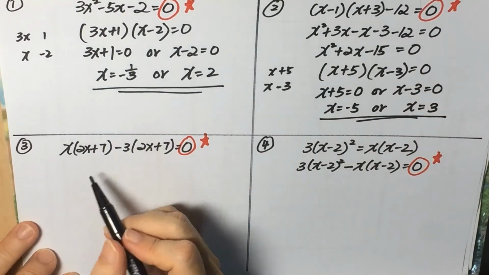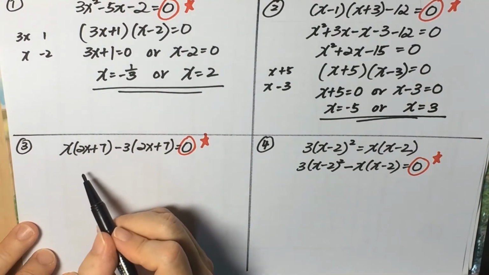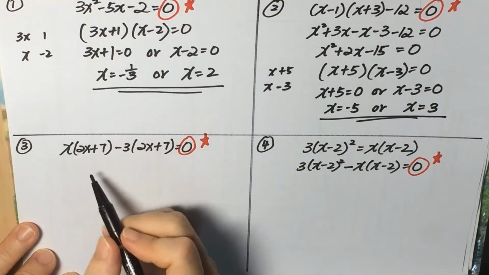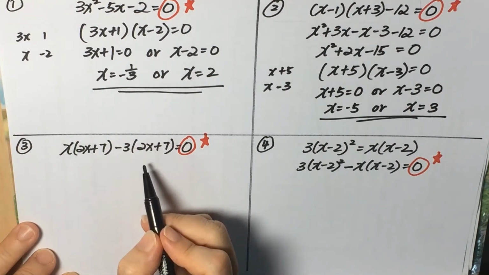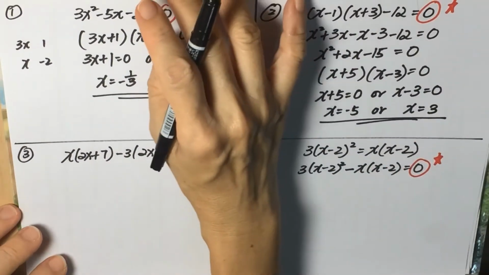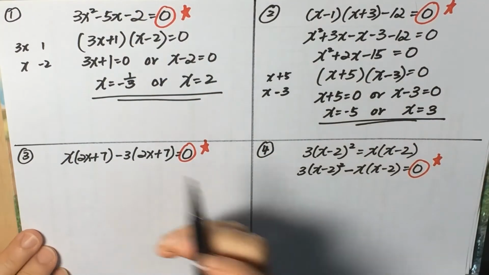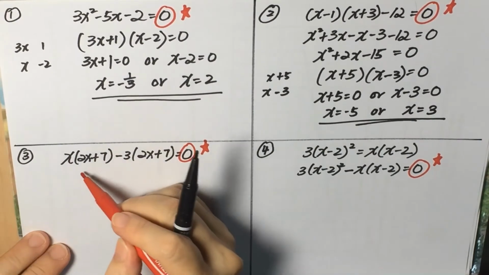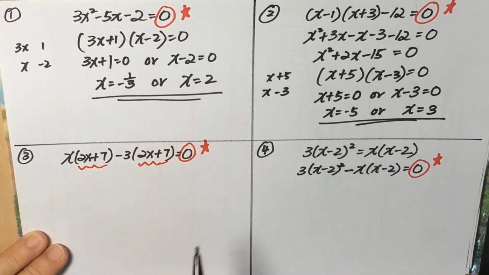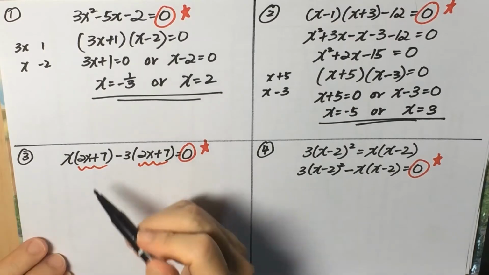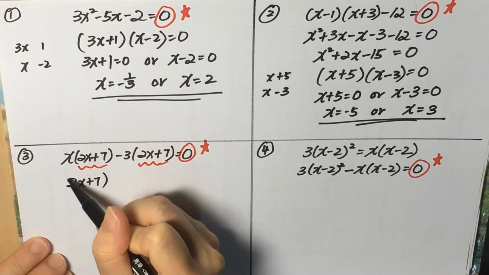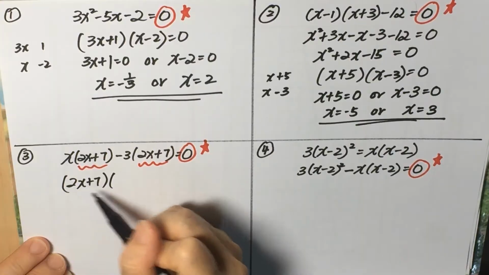Okay, third question. I am not going to expand again. The reason why I don't expand is if I were to expand, I'm wasting a lot of time. Okay, I can see actually here the 2x plus 7 is a common factor for both expressions. So I'm going to take the 2x plus 7 out. So bring out the common factor.